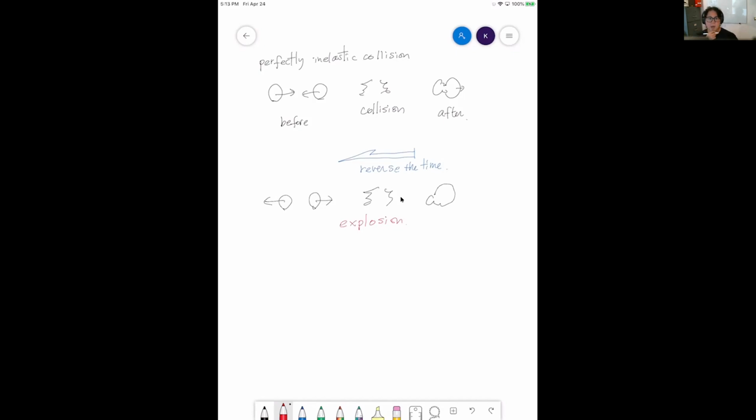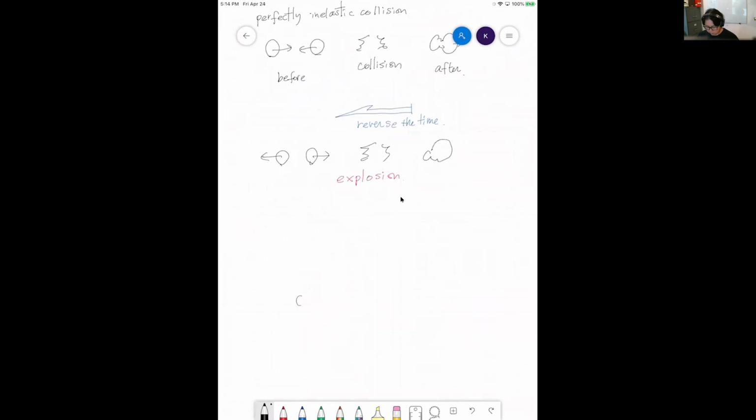In fact, you could even throw a ball in mid-air. So it makes a projectile motion, because the only force applied is gravitational force. Let's say in the middle, it makes an explosion.